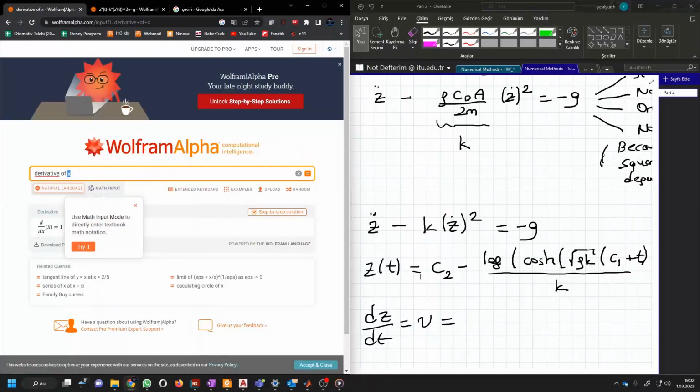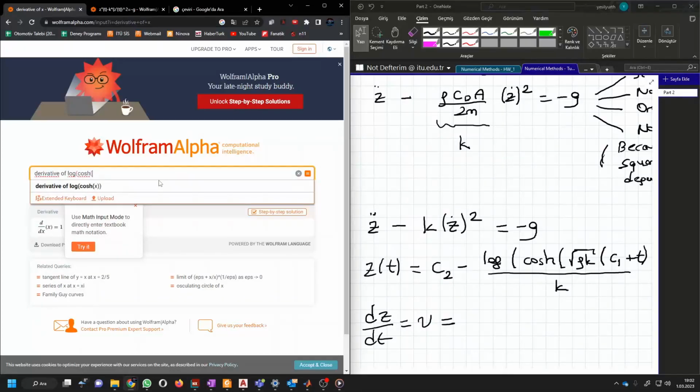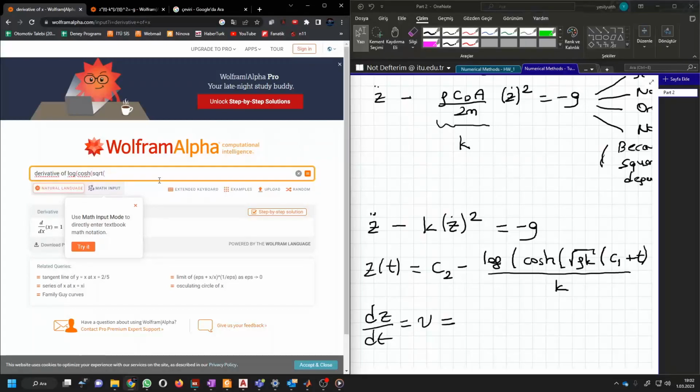I will only write down this part of the equation, since the derivative of c2 is 0 and 1 over k is a constant. So logarithm of cosine hyperbolic of square root of g times k times c1 plus t.